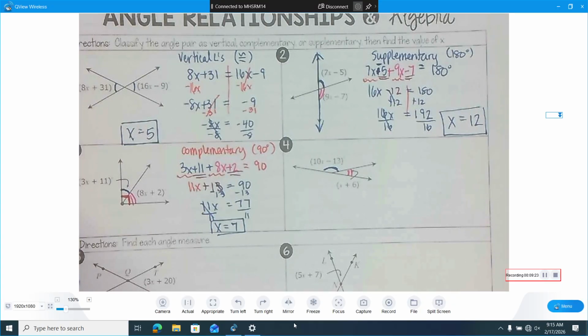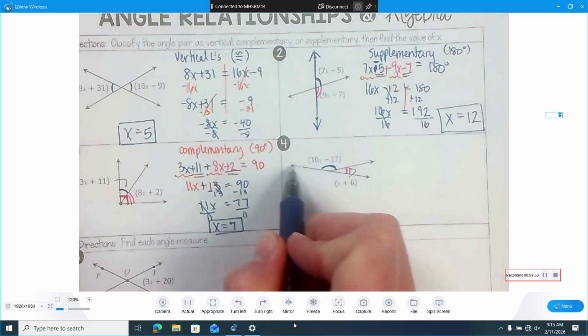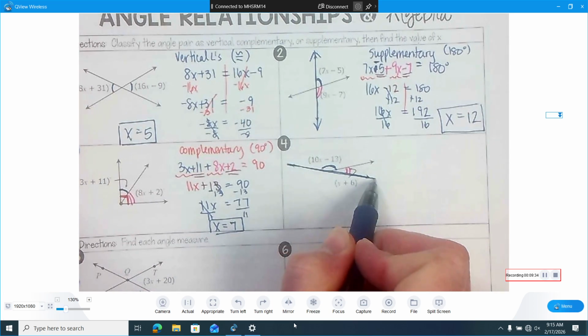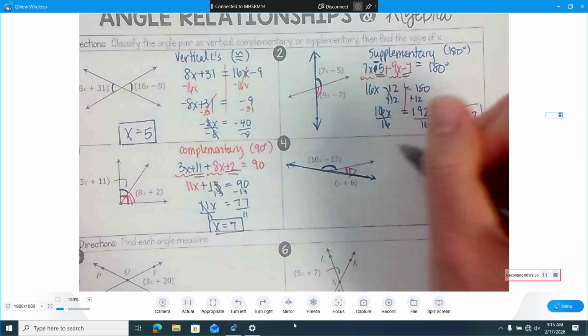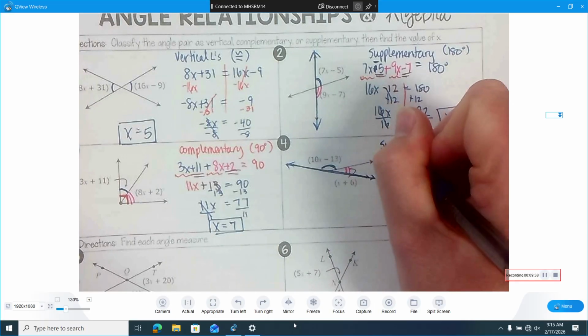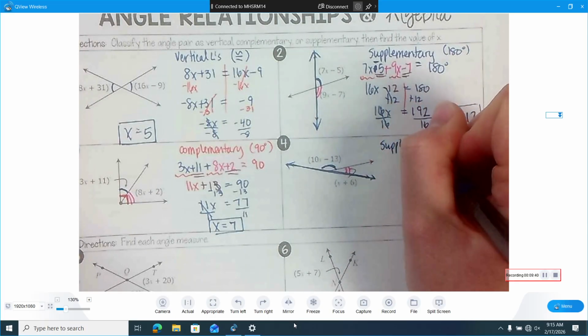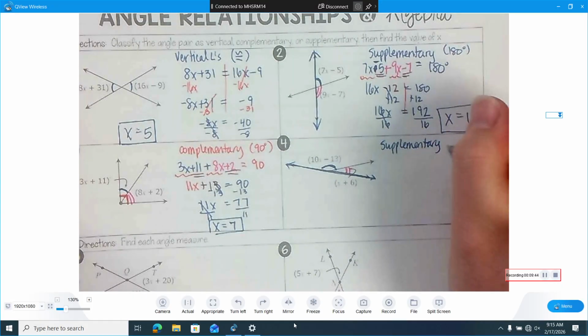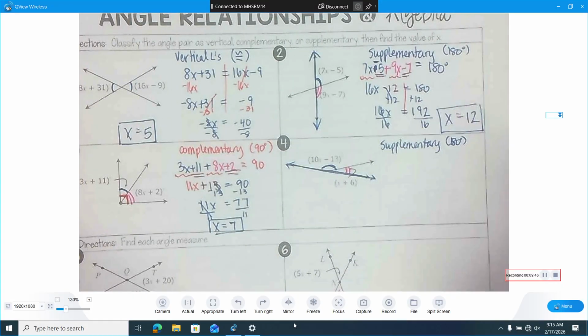They are adjacent, it's true. And also they are supplementary, yeah. Again, they're on that like straight line right there. They form a straight line. Straight lines are supplementary. And what does supplementary mean? It equals 180 degrees. Good, good, good.